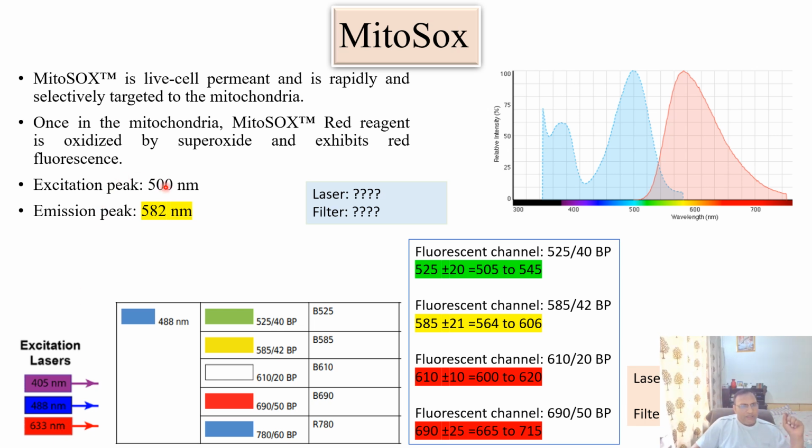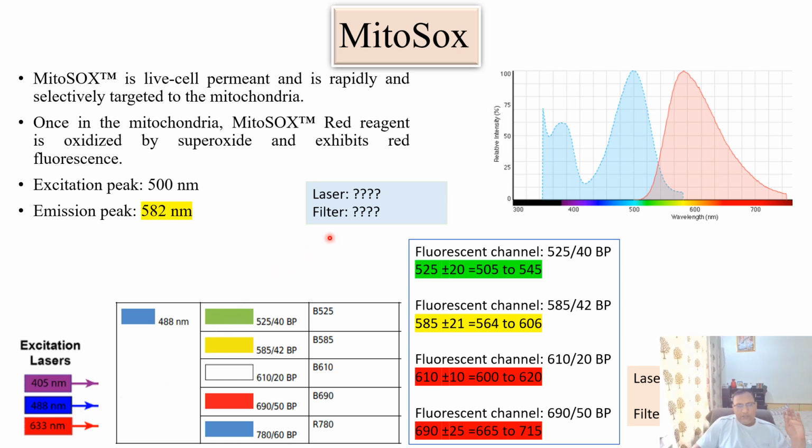For each wavelength, a different laser cannot be installed in the flow cytometer. So we have to select one near to this 500 nanometers. Near to 500 is 488 nanometers. So this MitoSOX fluorophore will be excited maximally by the blue laser of wavelength 488 nanometers.